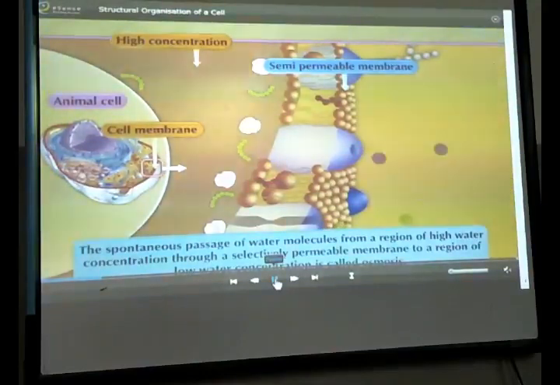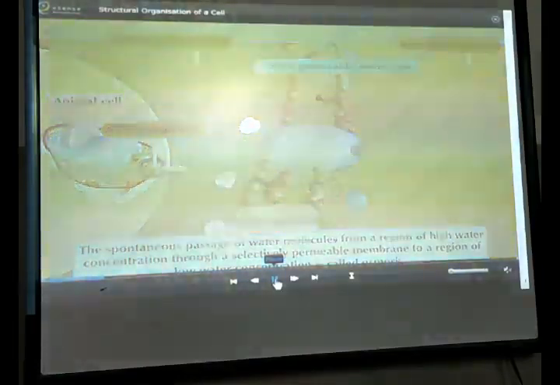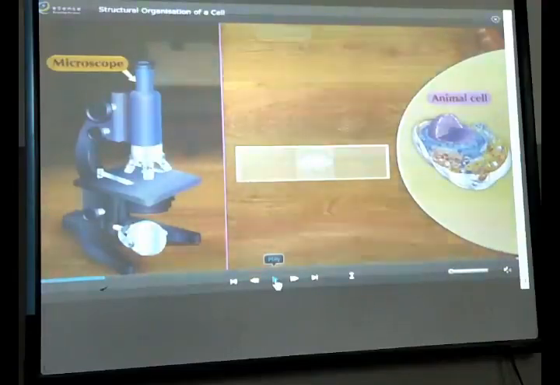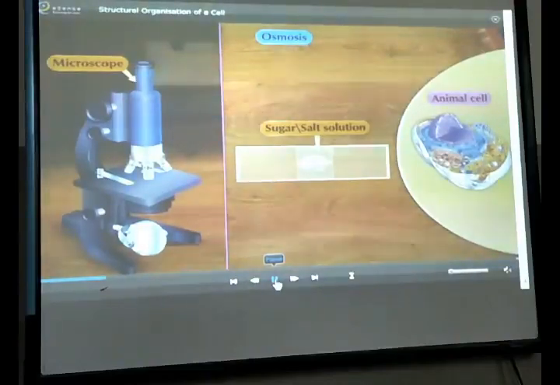So higher concentration and low concentration levels are created there, and the semi-permeable membrane allows entry through this process. If we observe the animal cell with the help of a microscope, we can find some other things.